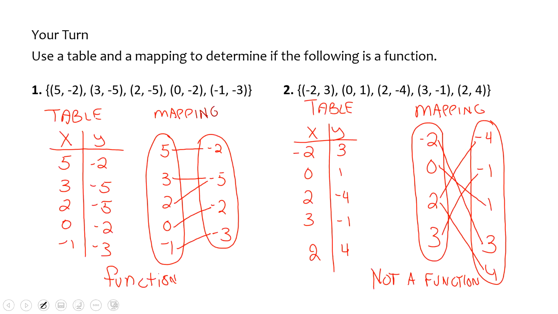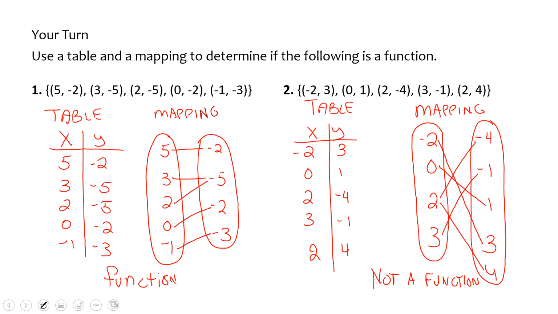Even though there are 2 numbers graphed to -2 and -5, that's okay. An x value can have the same value of a y value. That's fine. What we can't have is an x value having 2 y values. So a y value can have 2 x's, but an x can't have 2 y's.